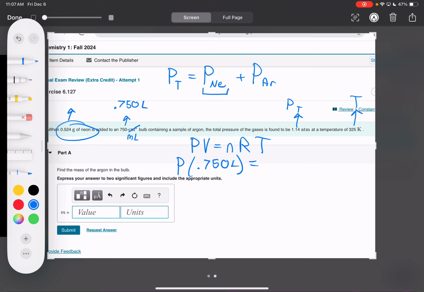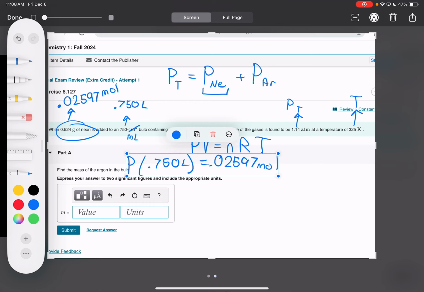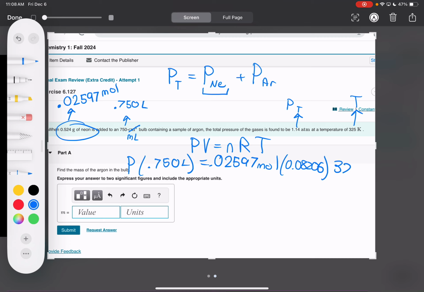Okay, so this is 0.02597 moles. It's probably more sig figs than I need. Times R, 0.08206 times 325. So I can solve for that pressure.